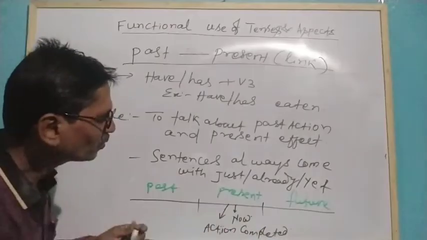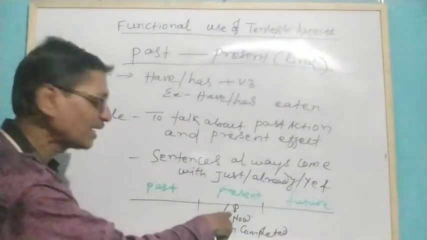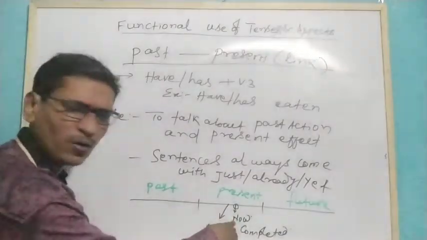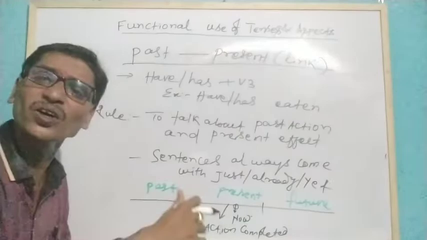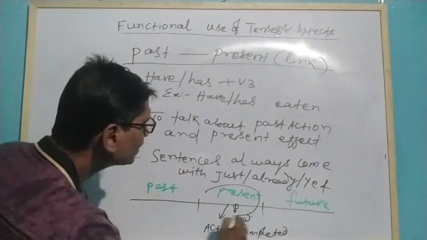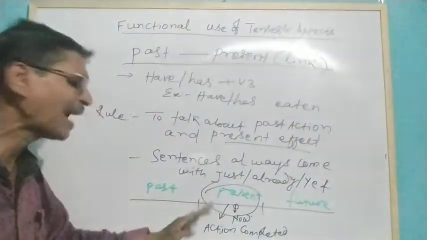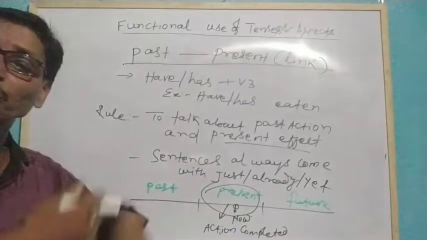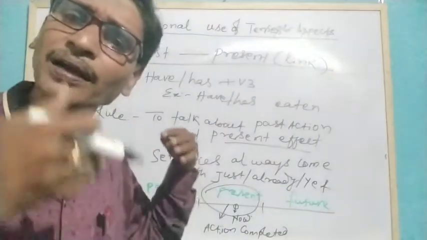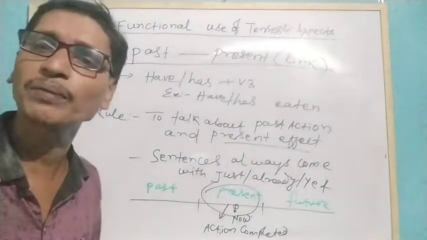And now we are here, in the present. And before now, an action was already completed. That means it has the present effect. A past action is past, but it has its effect in the present. In that case, we use have/has plus verb third form.